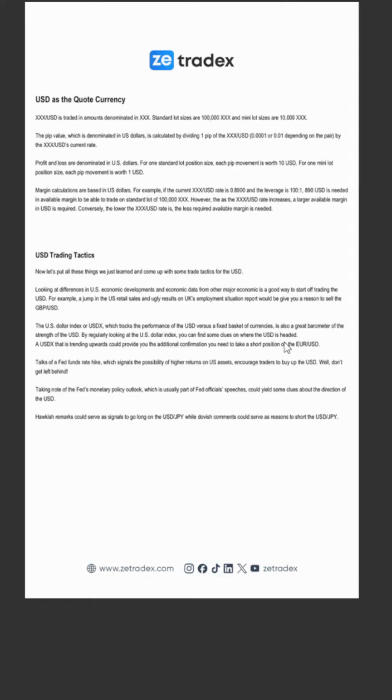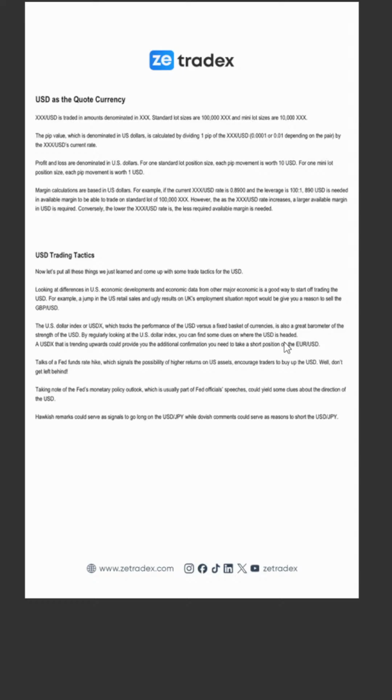Now, the pip value, which is denominated in US dollars, is calculated by dividing 1 pip of the GBP/USD, which would be 0.0001 or 0.01, depending on the pair, by this GBP/USD's current rate.